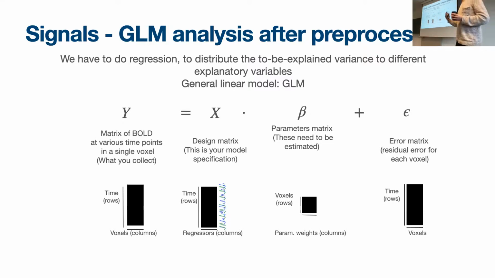But you can imagine that if you have very, very noisy data, you cannot explain all the data, right? There is going to be a lot of residual variance, things that you cannot explain, right? And so in fMRI analysis, the crux of the analysis is always to try to estimate as much of the signal as you possibly can. And this is your enemy. Okay? That's what we do.